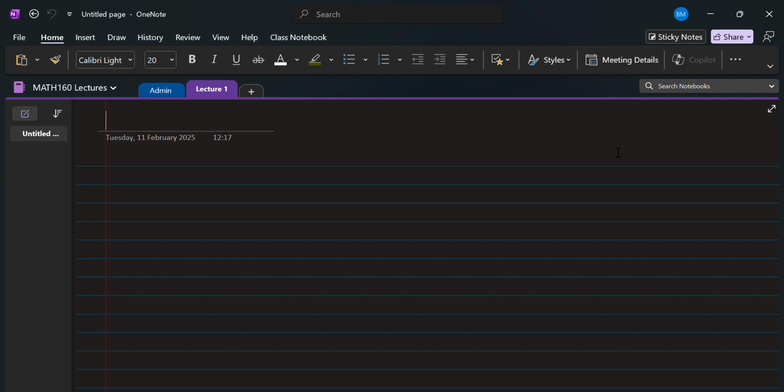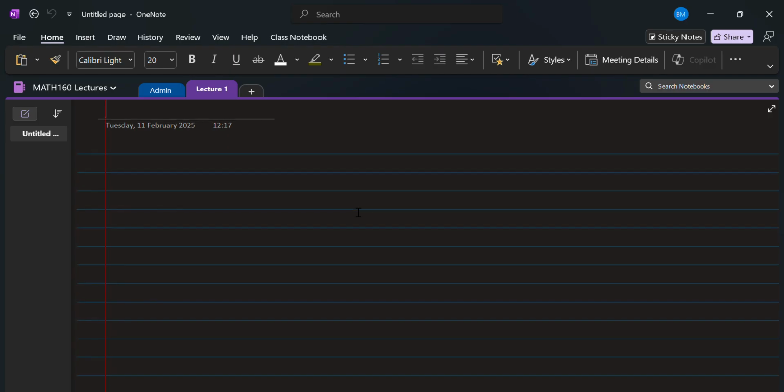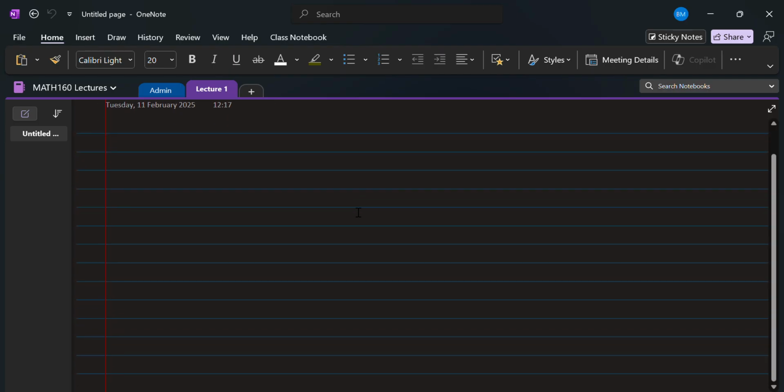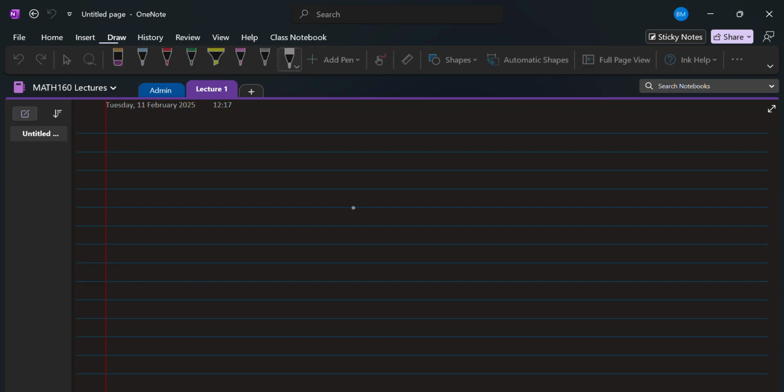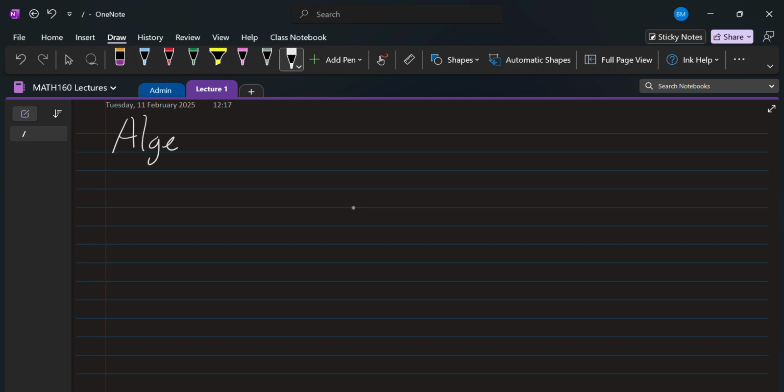So for this week, we're going to do a very quick summary of the algebra that you need to know. A lot of you would have covered this in matric. That's fine. We're going to do a recap so that everyone's on the same page when we start functions. So, algebra. You will also see this as pre-calculus if you are looking in the textbook or online.